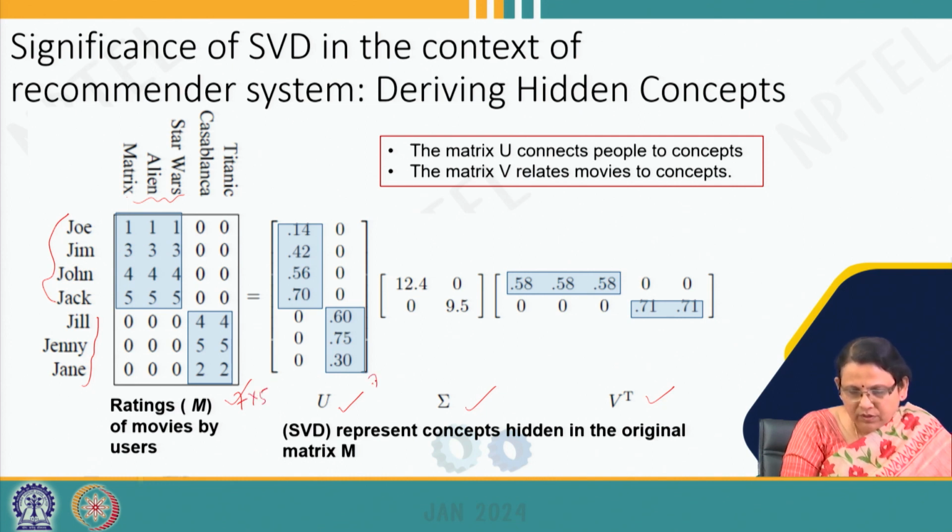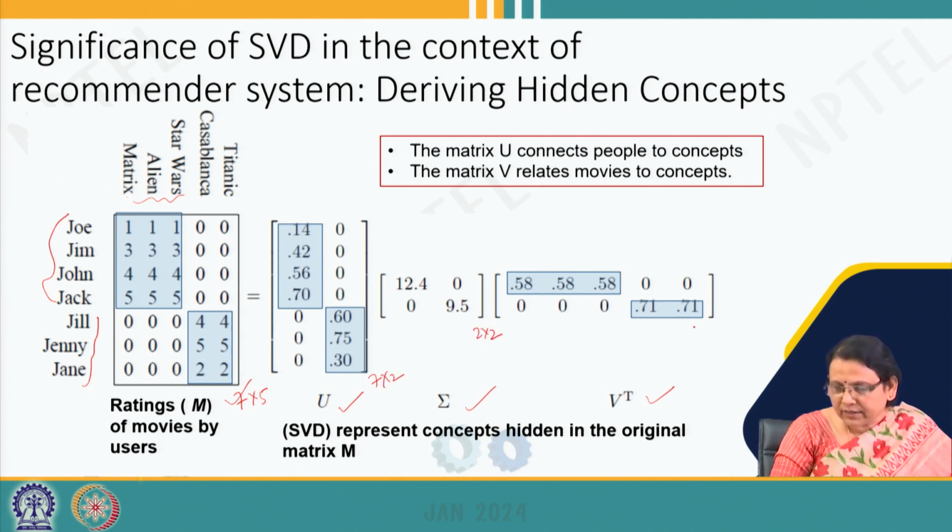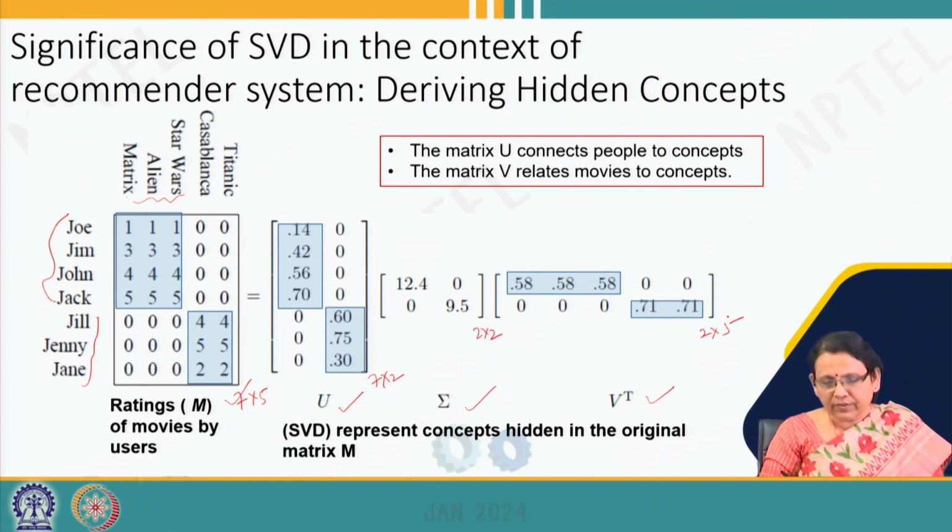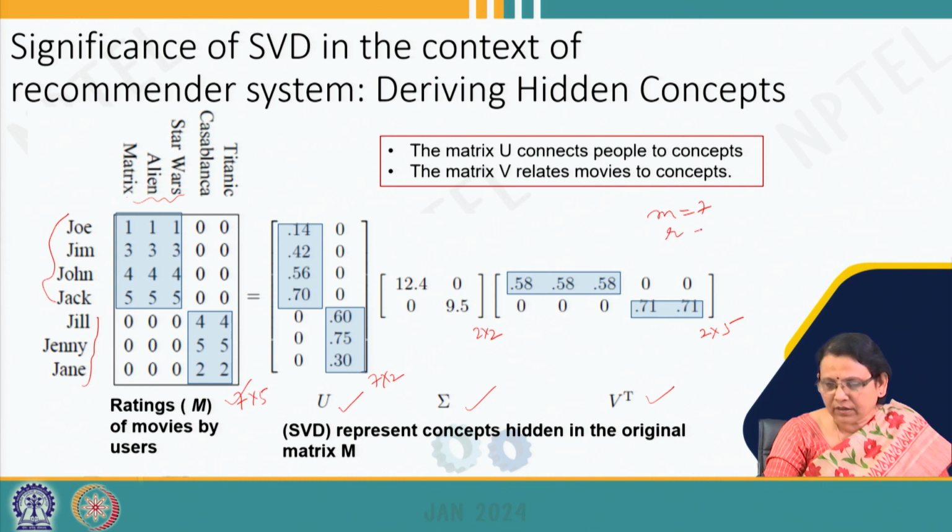So, this is 7 rows and 2 columns, this is 2 cross 2 and this is 2 cross 5. Okay. So, M is 7, R is 2, N is 5. So, M cross R, R cross R, and this is R cross N, this is V transpose.